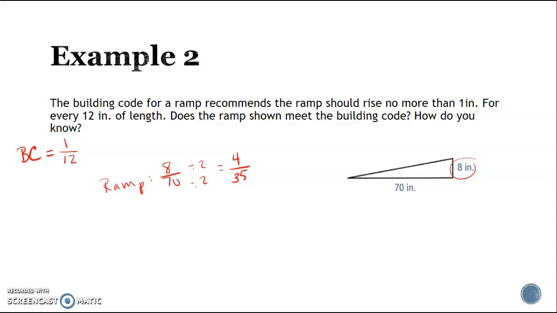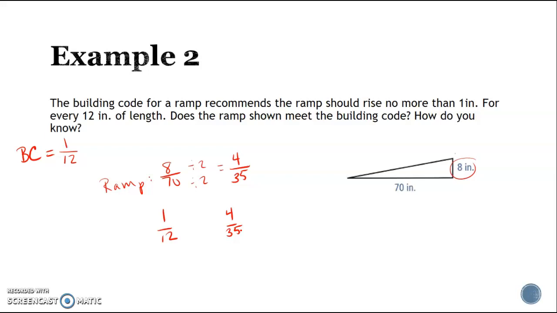And then from there, it's comparing, right? I need to compare 1/12 and 4/35. And we're trying to decide, does the ramp meet building code? What it means is we can't be greater than 1/12. So the easiest way is to compare decimals.